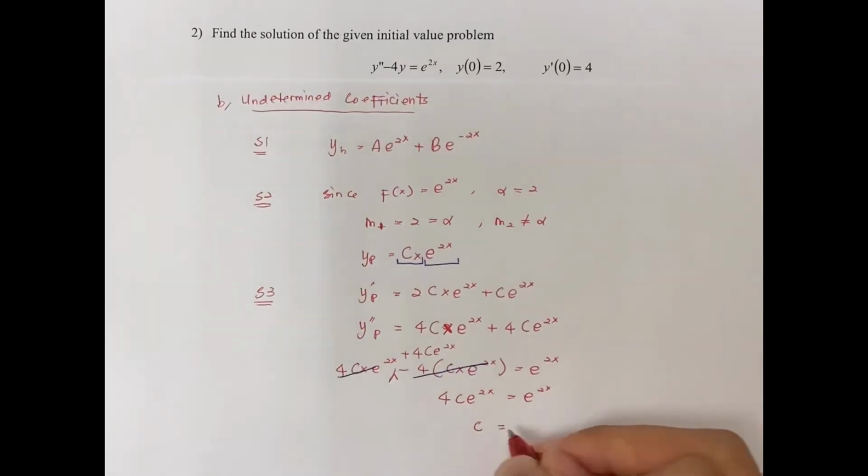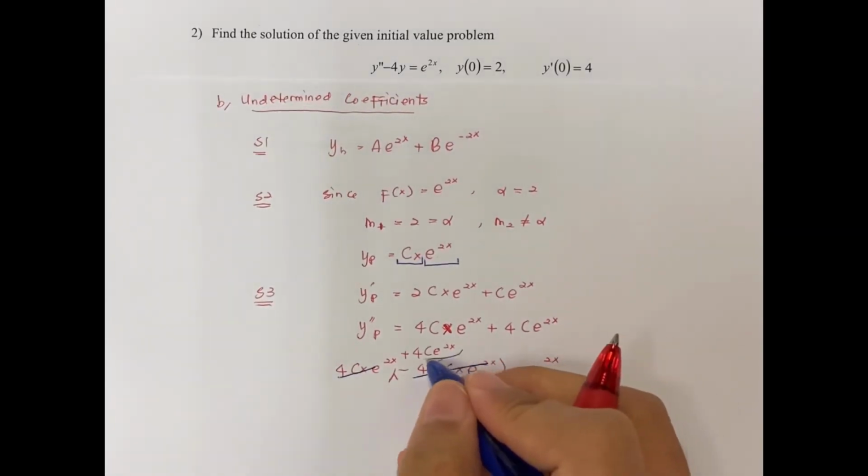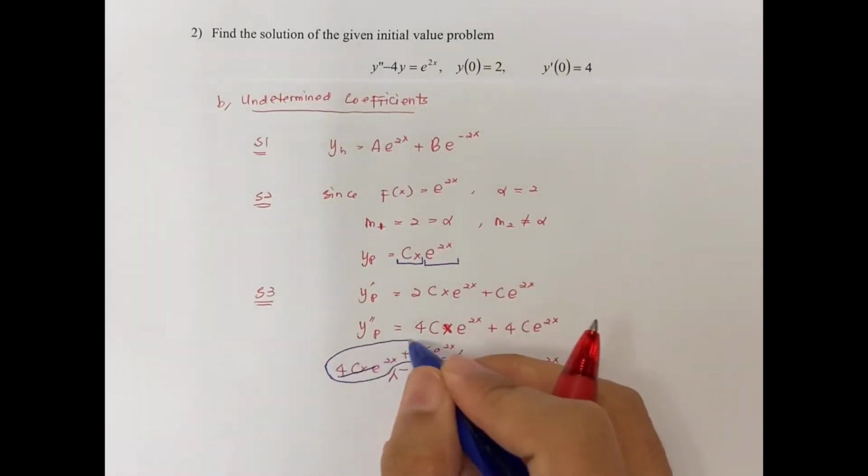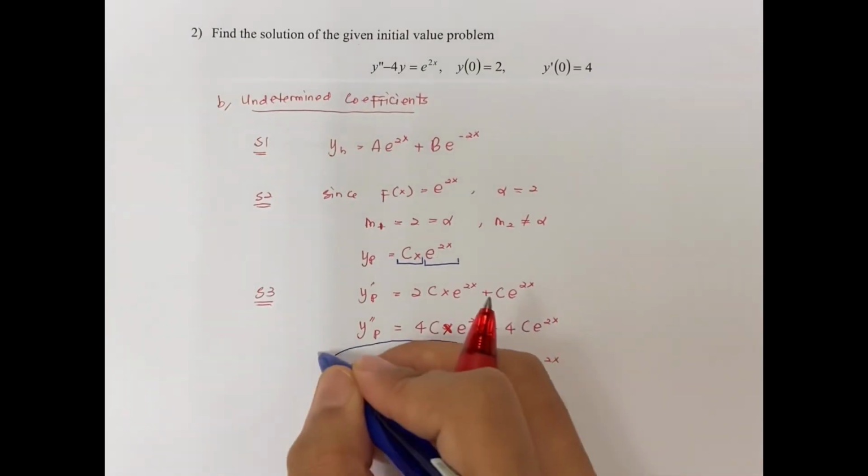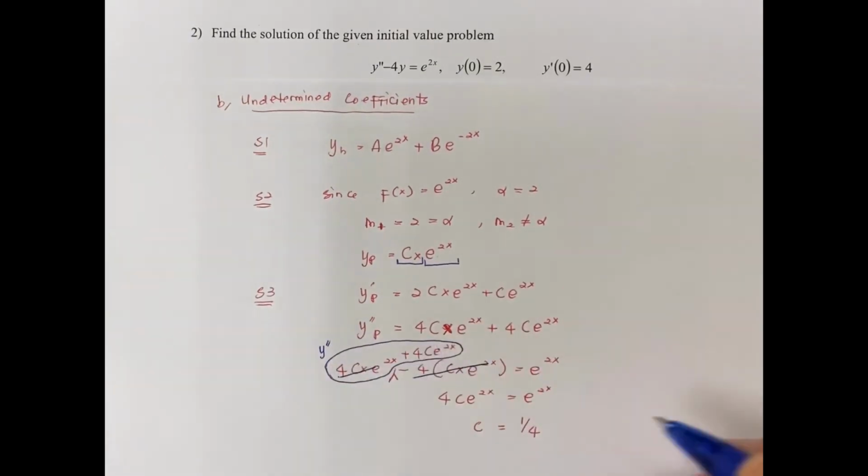C is equal to 1 over 4. This is your y double prime. Okay, and this is your y. So C is equal to 1 over 4. yP now is equal to 1 over 4 x e^(2x).